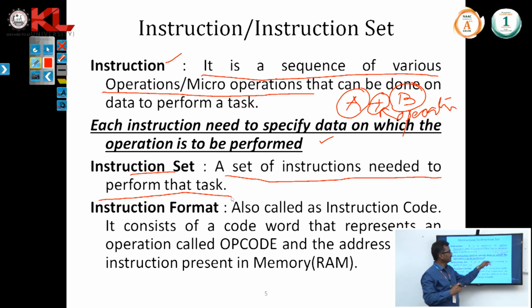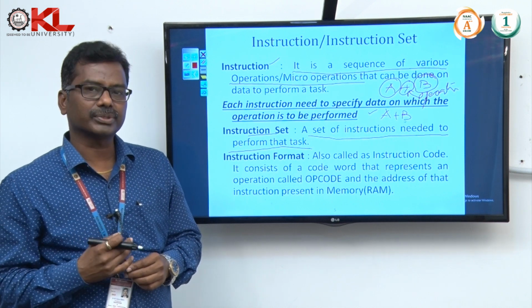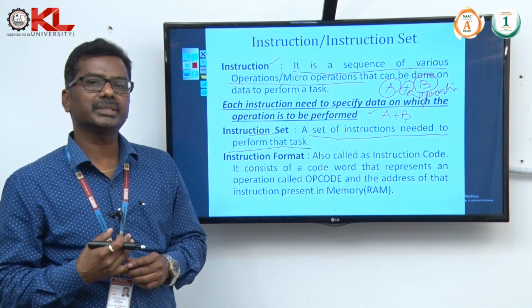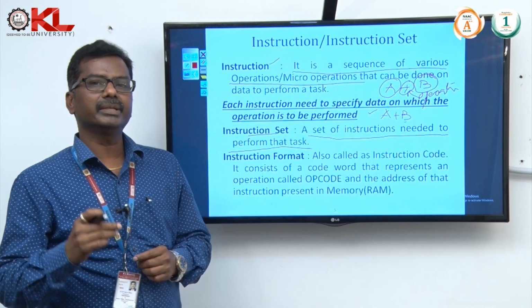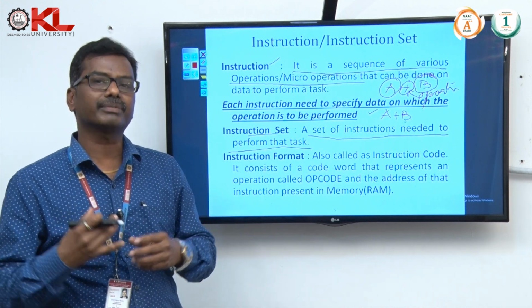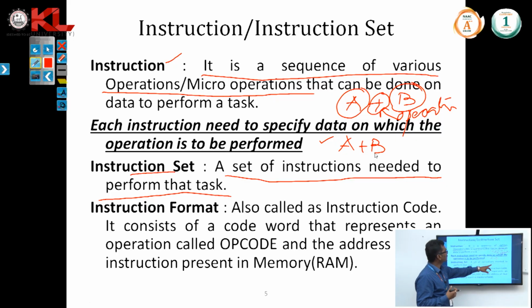For example, here A plus B is a single instruction, so this addition is a task completed by a single instruction. But computers execute tasks which are complex in nature, and they will be solved by means of a group or set of instructions. That is called the instruction set, a set of instructions needed to perform the task.